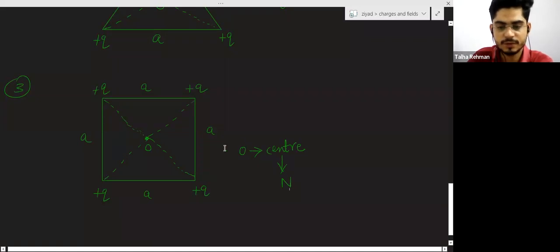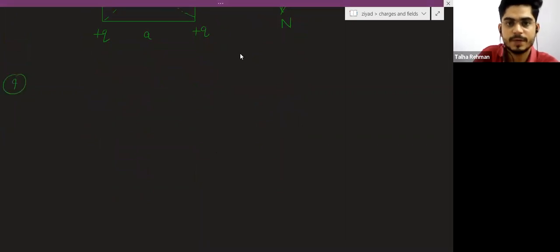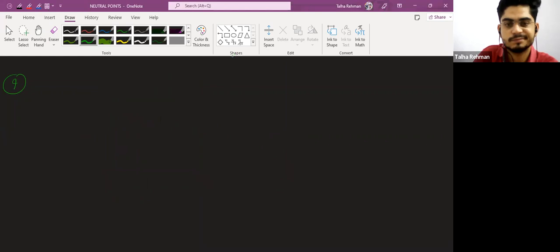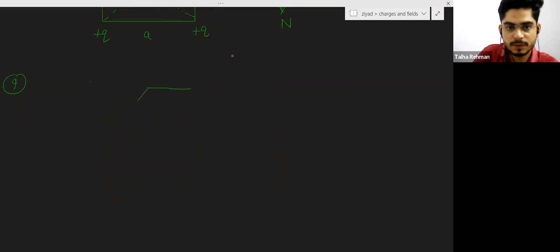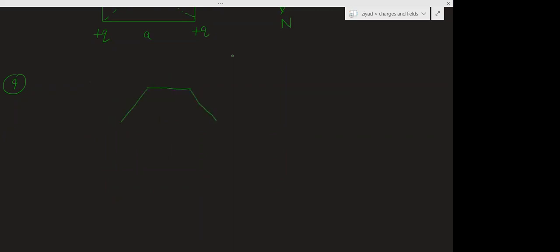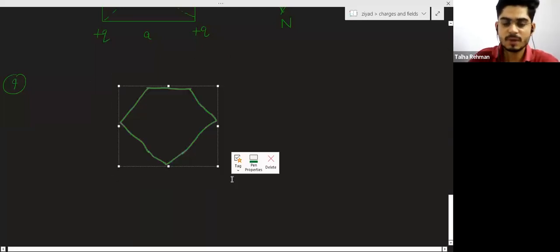for the case of a square. Suppose you have a regular pentagon, like this, like this, and like this. This is the regular pentagon, and all the sides of this pentagon are equal.